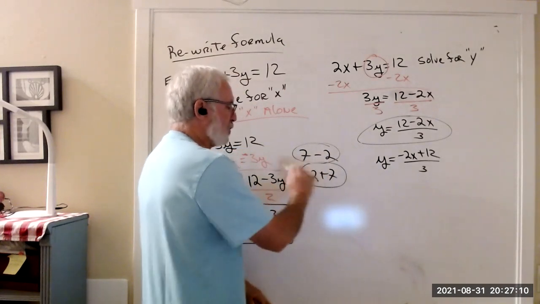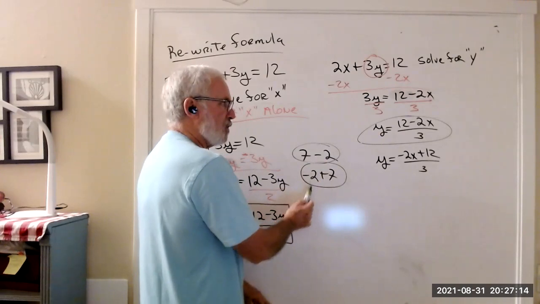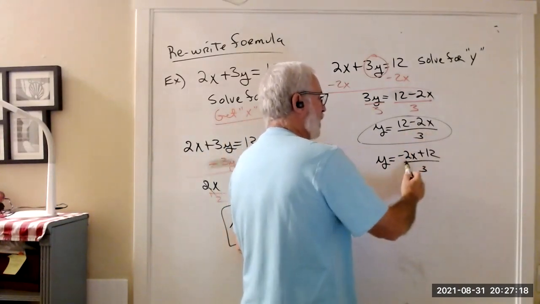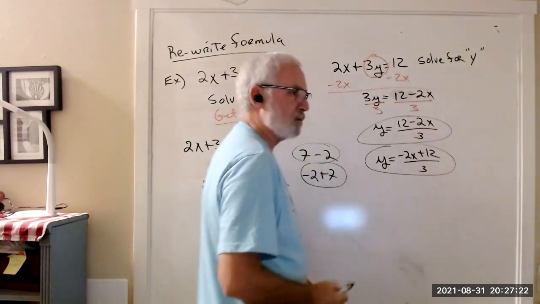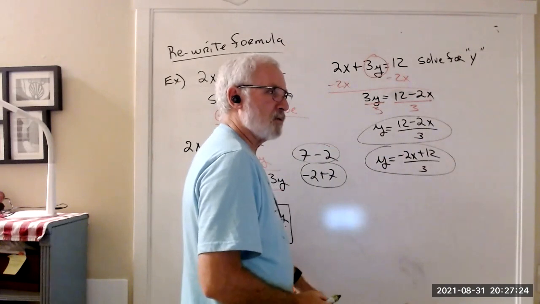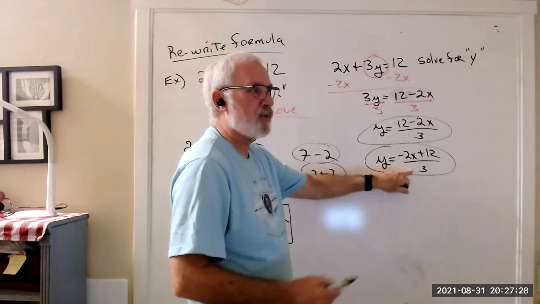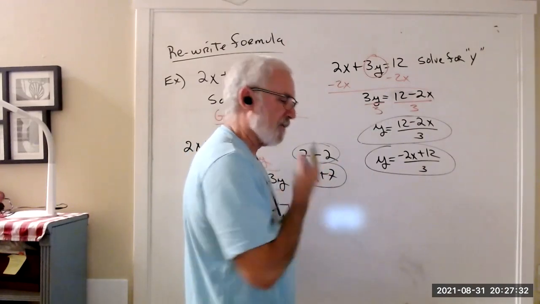You can switch the order as long as the negative stays with the 2. So 12 minus 2x or negative 2x plus 12, these two are identical. So one person might have gotten this, one person might have gotten this, and you're both right. But it gets worse. Okay?